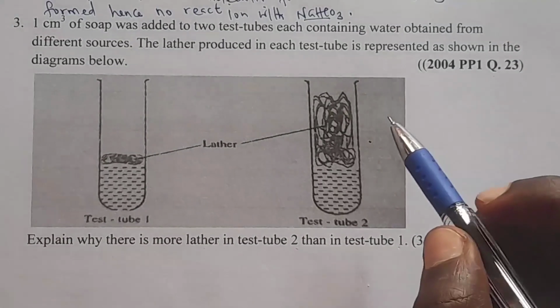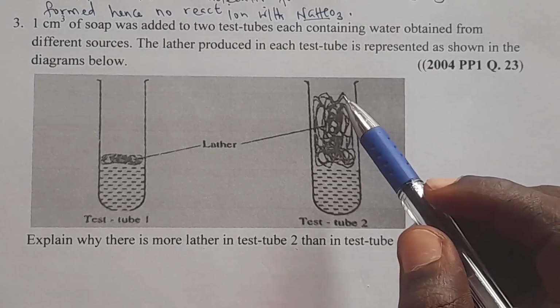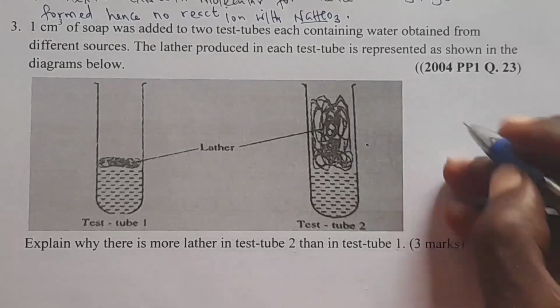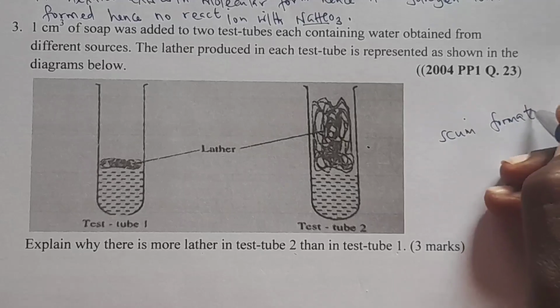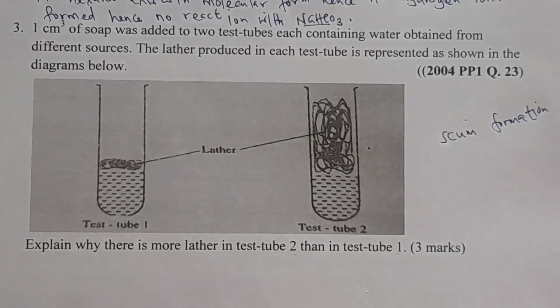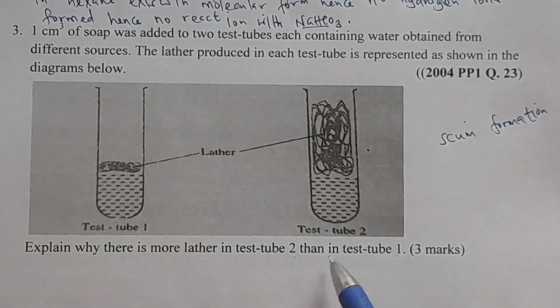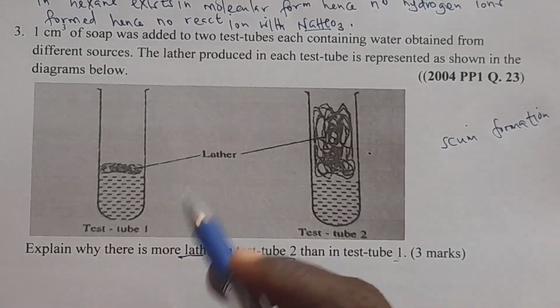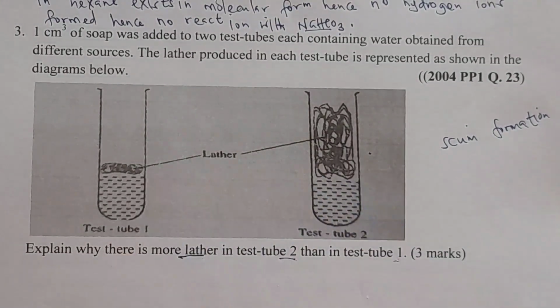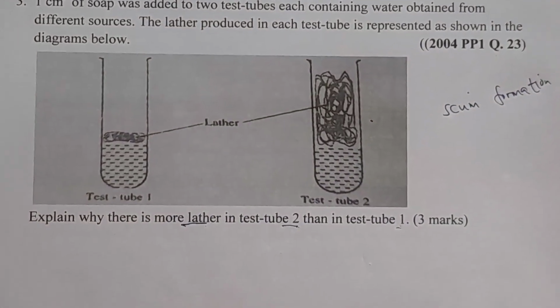One property that they have is they waste soap in scum formation. Here we have been told already that test tube 2 has more lather than test tube 1, as we can even see on the diagrams. So we're supposed to explain.